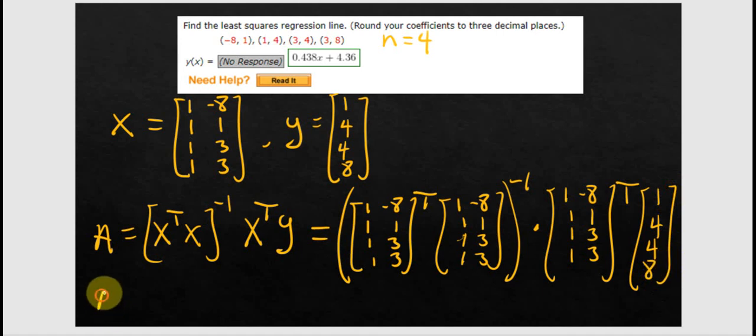Now when you do that, you get this on your calculator. I plugged that in on mine. I didn't set my calculator to recognize the decimal, so it just gave me this in fraction form.